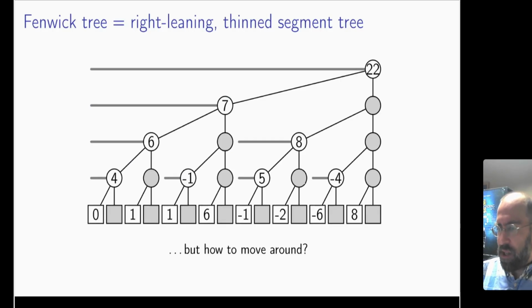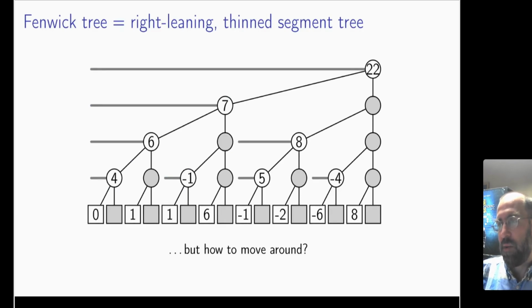So, for example, let's say that we wanted to update the number 1, the first 1 on the very bottom, and so we need to go up and update. It has a grayed out parent.